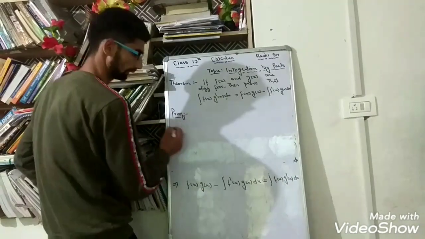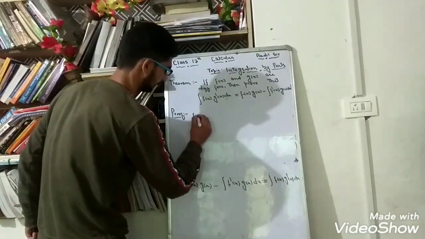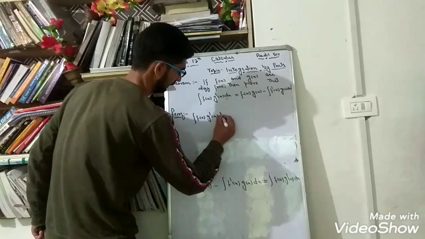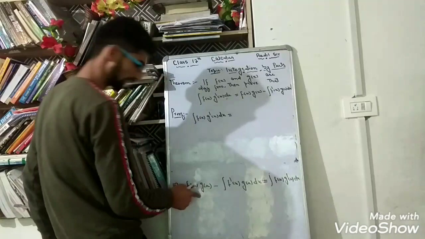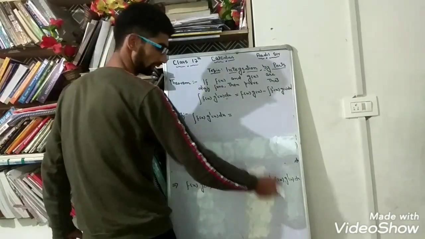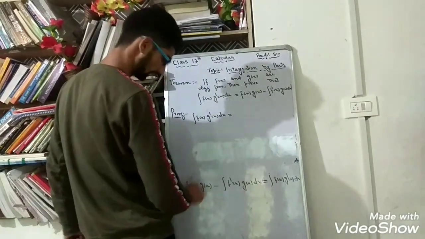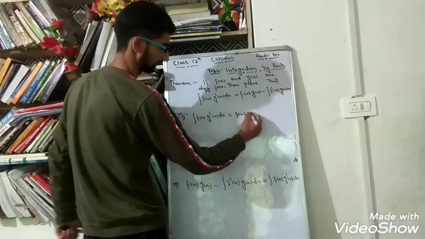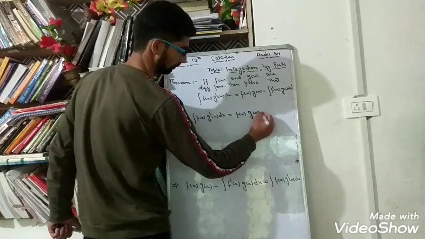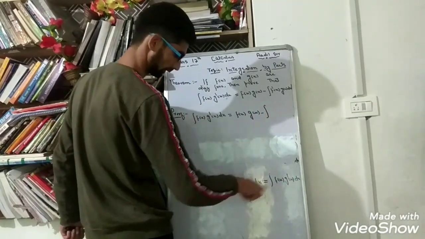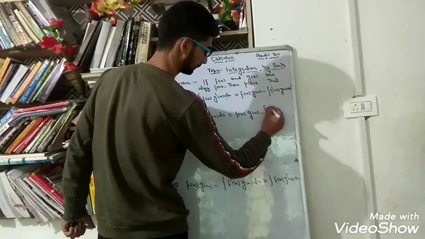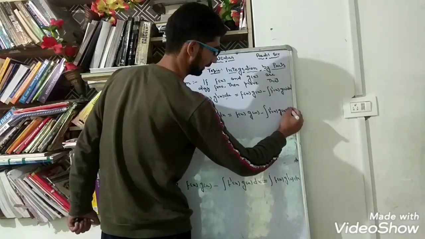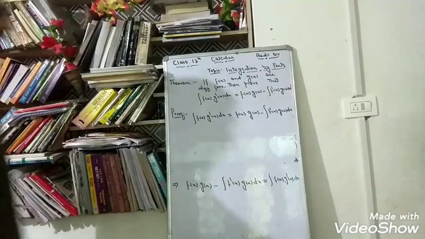After this I got the integral of f(x) g'(x) dx is equal to f(x) g(x) minus the integral of f'(x) g(x) dx.